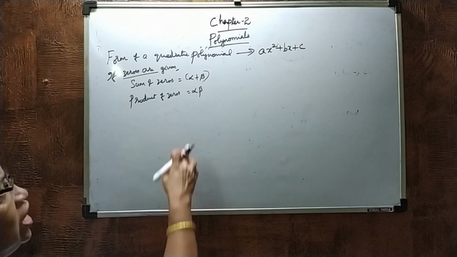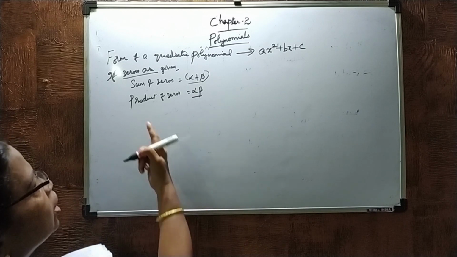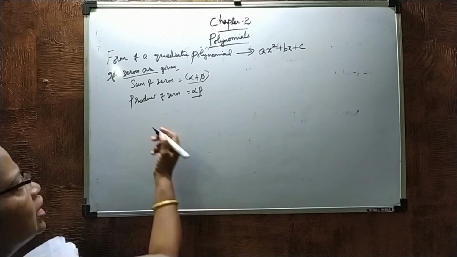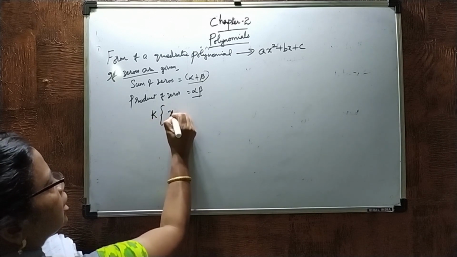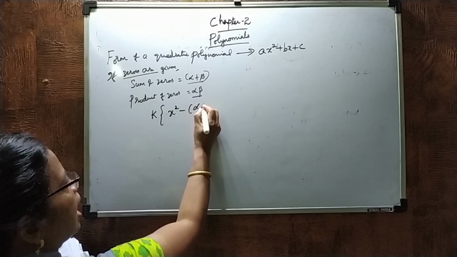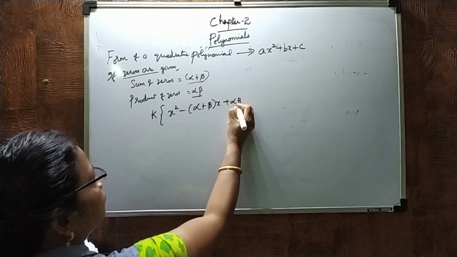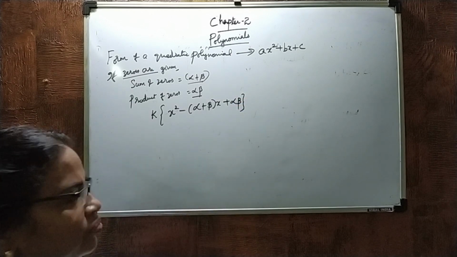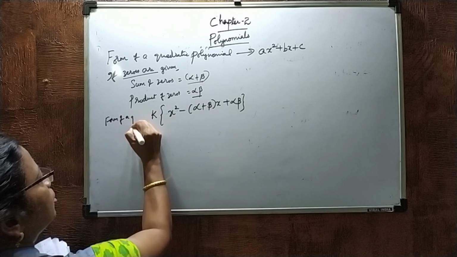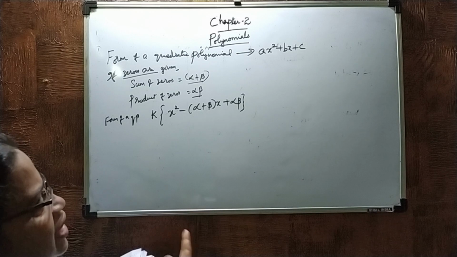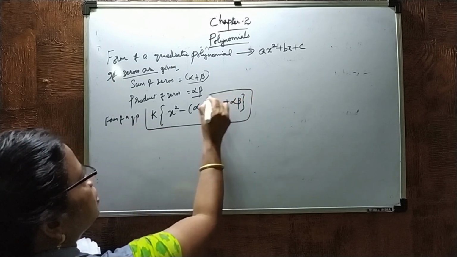So if they are giving only these two, how will you find the quadratic polynomial? There is a formula for that: k into x square minus alpha plus beta into x plus alpha beta. This is the form of a quadratic polynomial if only alpha plus beta and alpha beta are given.